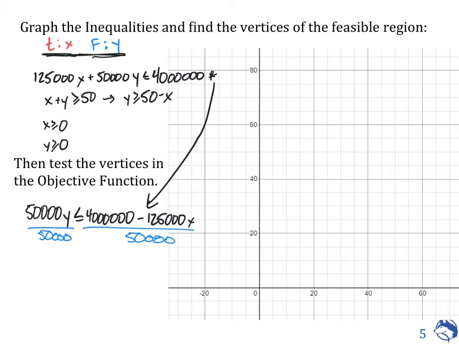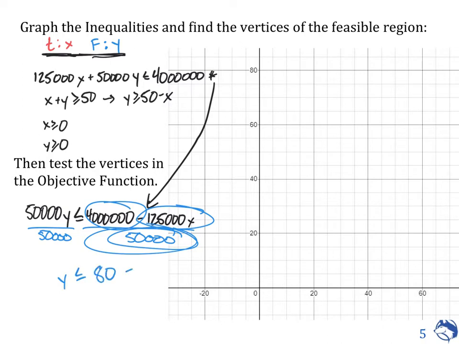Just a reminder, when you do this division on this side, make sure that you do the 4 million divided by 50,000, and then do the negative 125,000 divided by 50,000. Just be careful there. So over here I get y is less than or equal to 80 minus 2.5x.